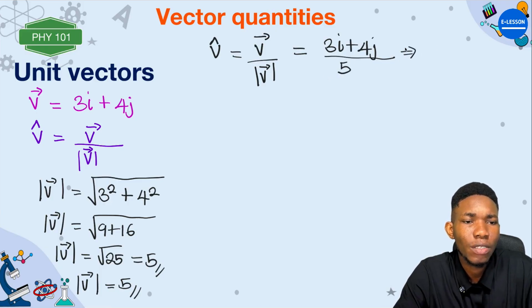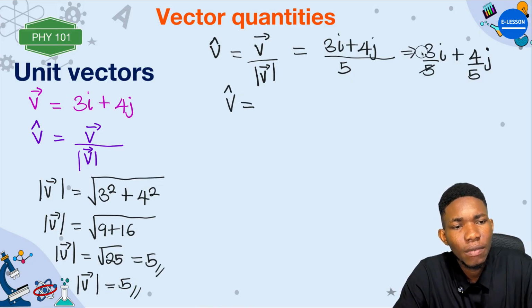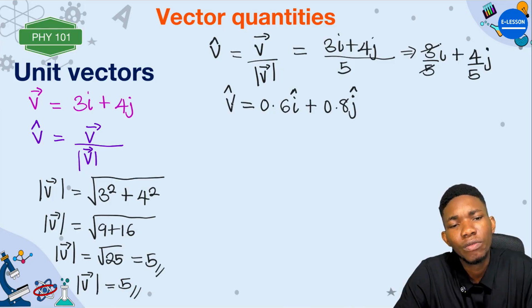This you can write as 3 over 5 i plus 4 over 5 j. Is that okay? So at the end of the day, when 3 is divided by 5, it will give us 0.6i plus 0.8, I think, j. So this is our unit vector for vector v.